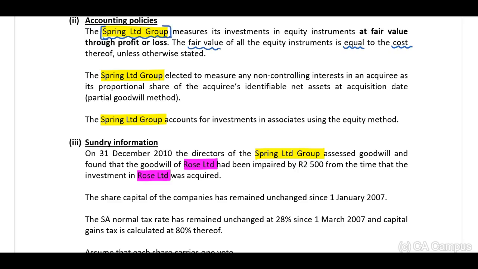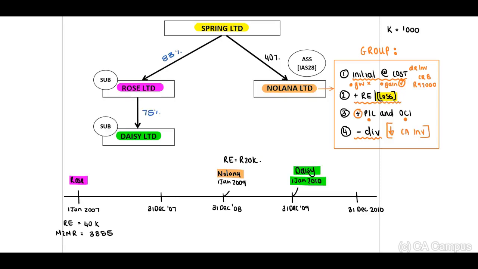When you look at our structure, the investments held by Spring Limited, therefore in the separate records of Spring Limited, will be at fair value through profit or loss. The investments held in the separate records of Rose will be at fair value through profit or loss. The investments held in the records of Daisy will be at fair value through profit or loss.